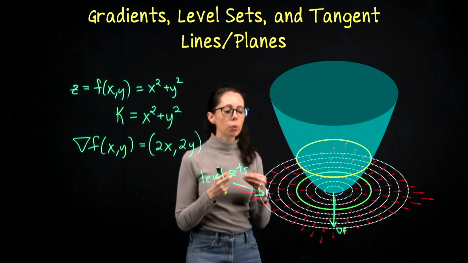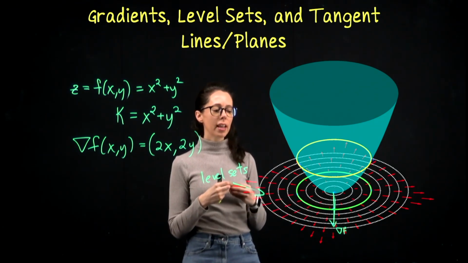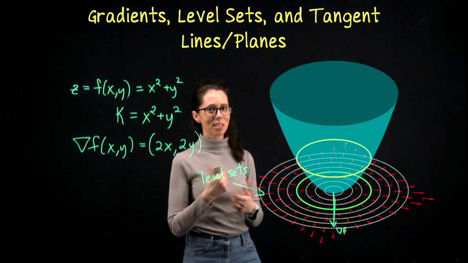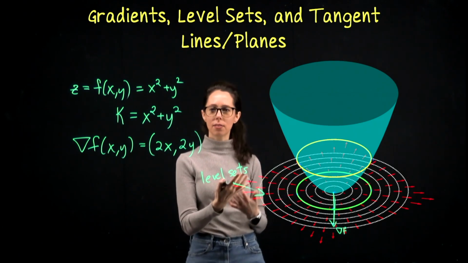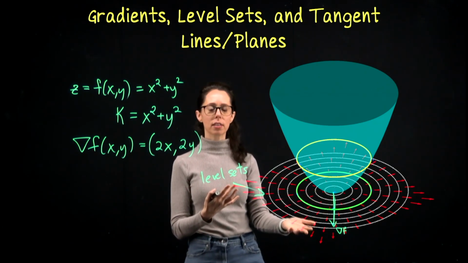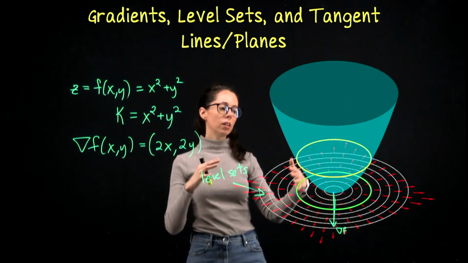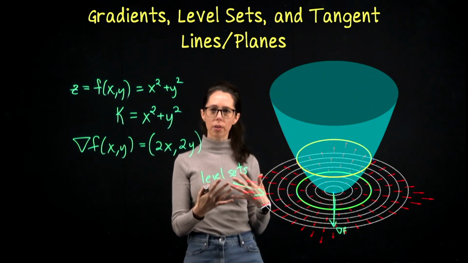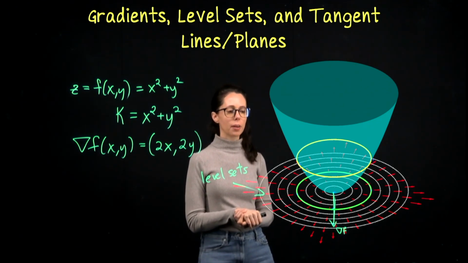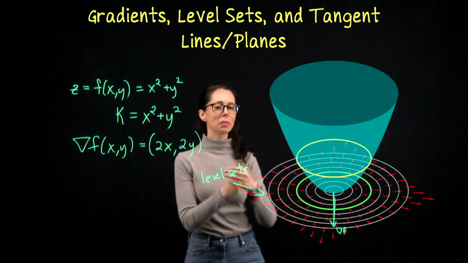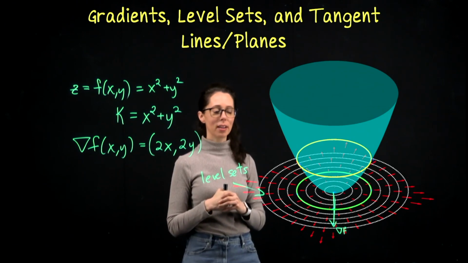The actual true length of the vector is rarely as important as its direction. That's usually more important, and also just its relative length compared to neighboring vectors. So it's pretty common for vector fields in general to be scaled so that you don't have too much overlap and you can squeeze more vectors in your picture. If I drew all these vectors to be the same length as that, the picture would be very crowded.